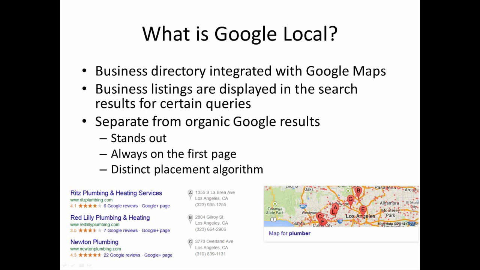So Google Local is a business directory, and there's tons of those on the internet, but this one's a little different because it's actually Google's business directory. And Google has tons of people using it, so anything that they do is important, and their business directory is no different. But also it's integrated with Google Maps, which legitimizes any of the business listings on their directory, because there's a pin on a map somewhere where you can tell, hey, this is a local business.